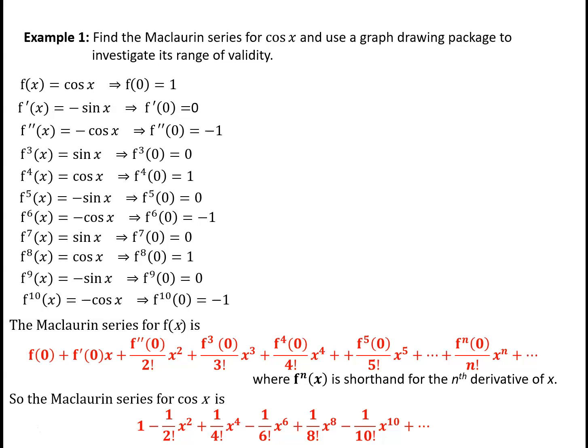So we're ending up with 1 minus 1 over 2 factorial x squared plus 1 over 4 factorial x to the 4 minus 1 over 6 factorial x to the 6 plus 1 over 8 factorial x to the 8 minus 1 over 10 factorial x to the 10.